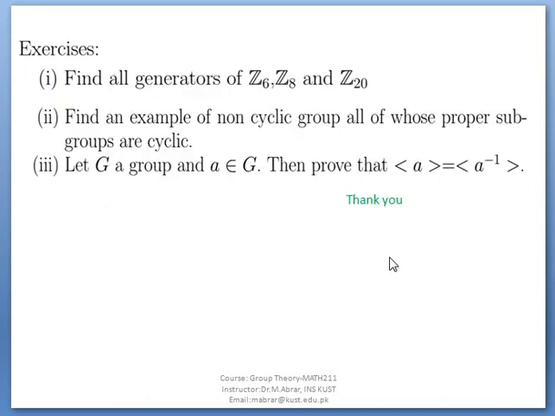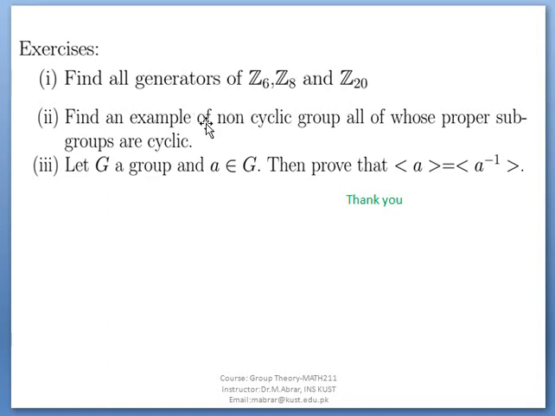Here are some exercises. In the first, you need to compute the generators of Z6, Z8 and Z20. The second exercise is very interesting because we have proved that if we have a cyclic group, then all the subgroups are cyclic, but the converse is not true.